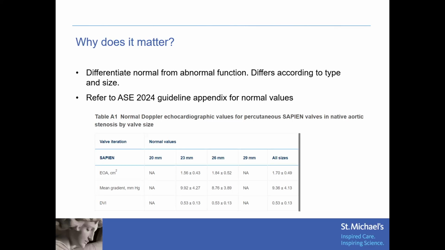If you want to look at the most comprehensive list of it, the ASE guideline in the appendix has all of the normal values for all the most commonly implanted valves, various different sizes. I'll just give you an example of the Sapien valve here. Depending on the size, there are reference values, and so this is important to be aware of, so that you can compare the numbers that you have with what's available in the appendix to see whether that's pathologic or within normal.